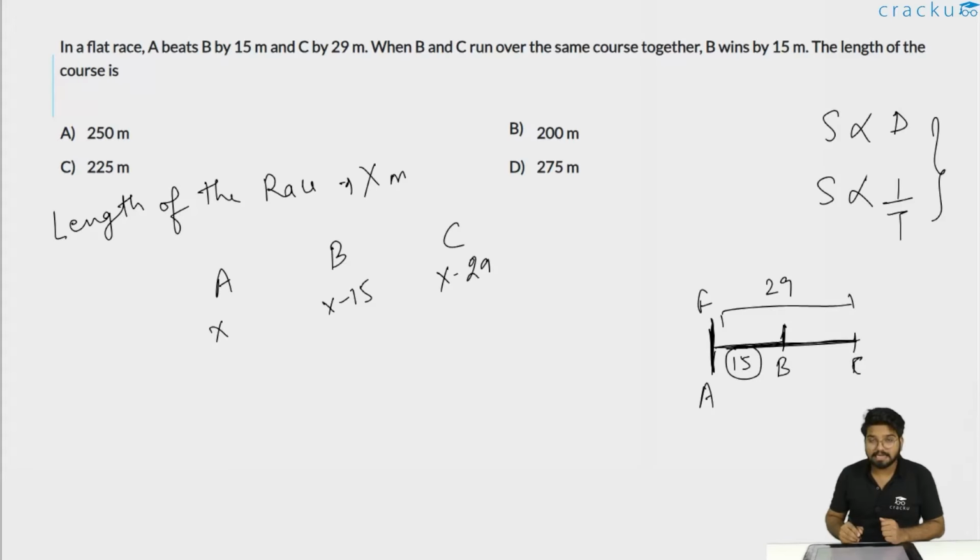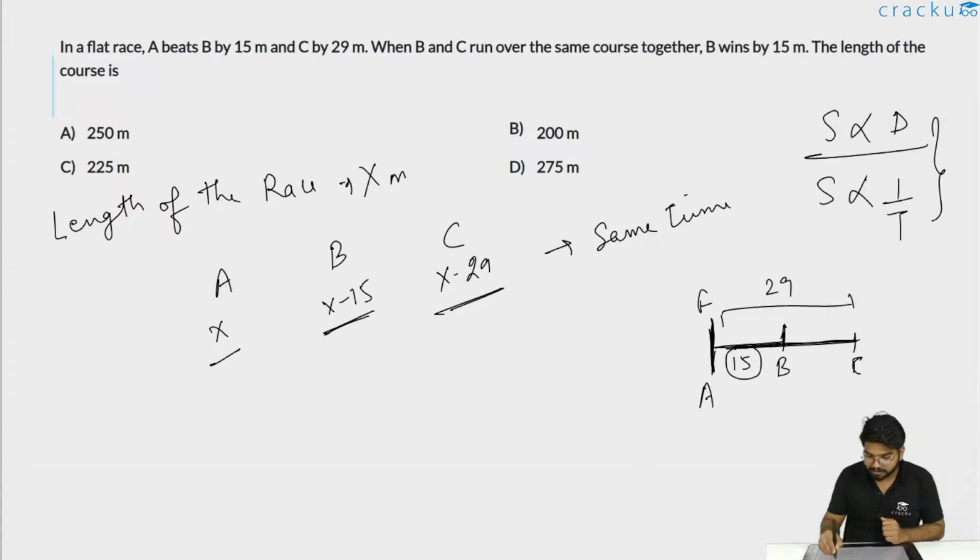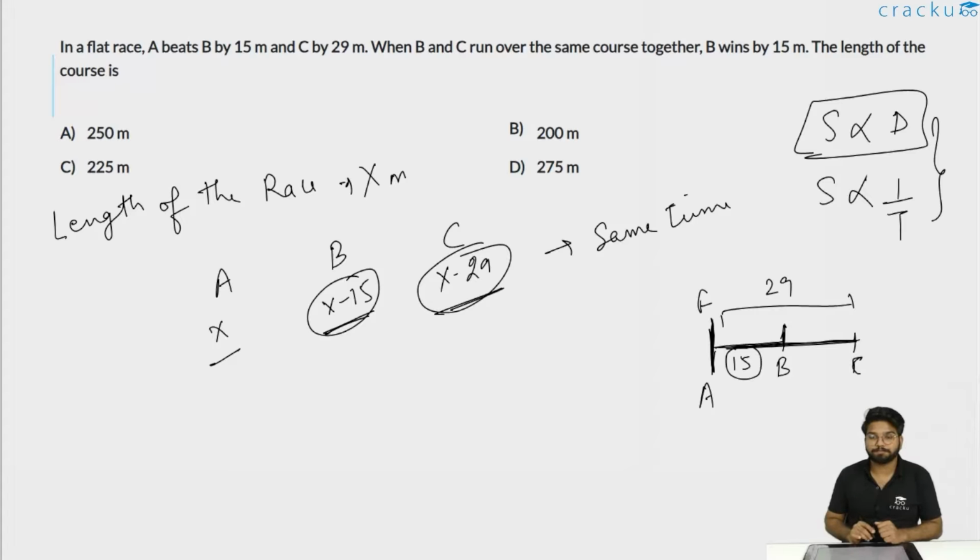So this is in the same time. In the same time, that is for A to finish the race, A covered x meter, B covered x minus 15 meter and C covered x minus 29 meter. If the time is same, the distance is directly proportional to their speed. It means this also has to be the ratio of their speeds.